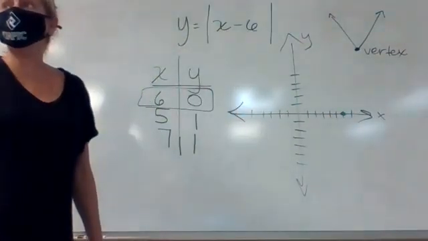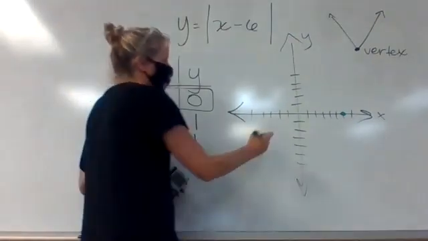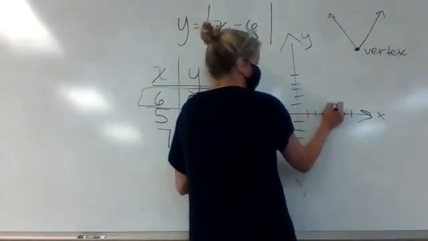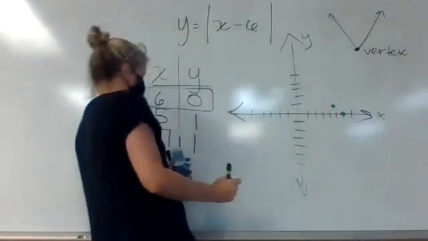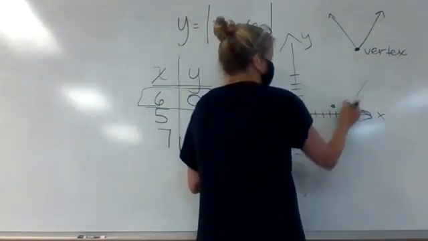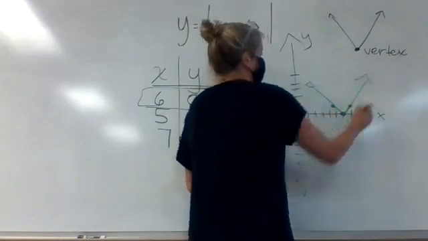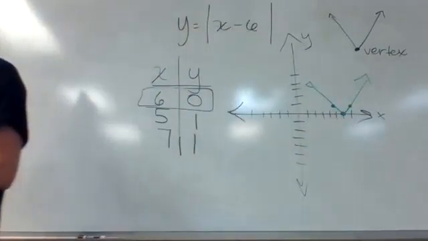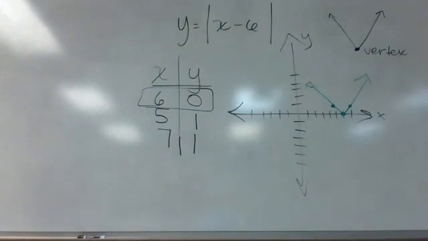And then it's actually just going to make you plot one other point. So to the right 5, up 1. And to the right 7, up 1. So just remember when you're on the absolute value problem to plot your vertex first.